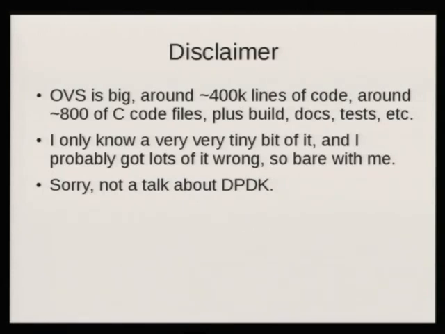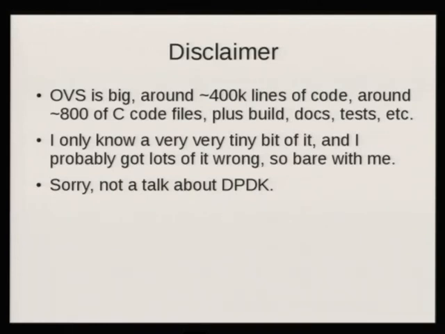you can start digging because it's like 400,000 lines of C code, about 800 files, including C headers, plus another 600 files of tests, build files, and stuff like that, documentation.